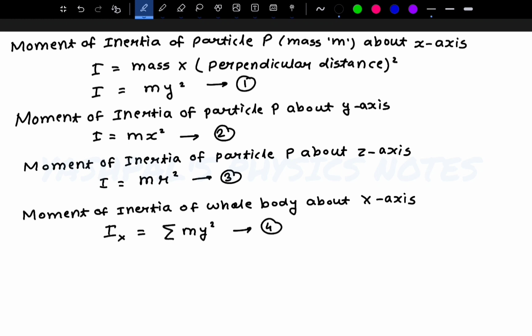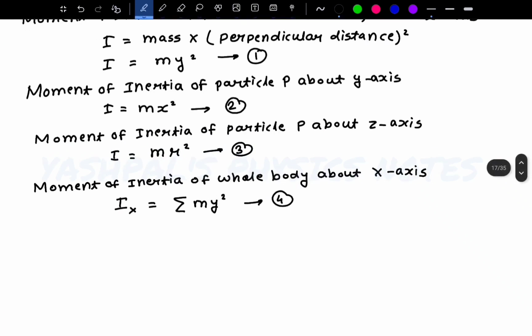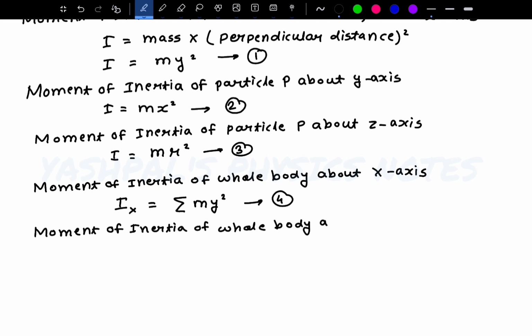Similarly, we can write for y-axis and z-axis. So here I am writing moment of inertia of whole body about y-axis. So here I can write Iy equals summation, from equation 2 we have m x square.